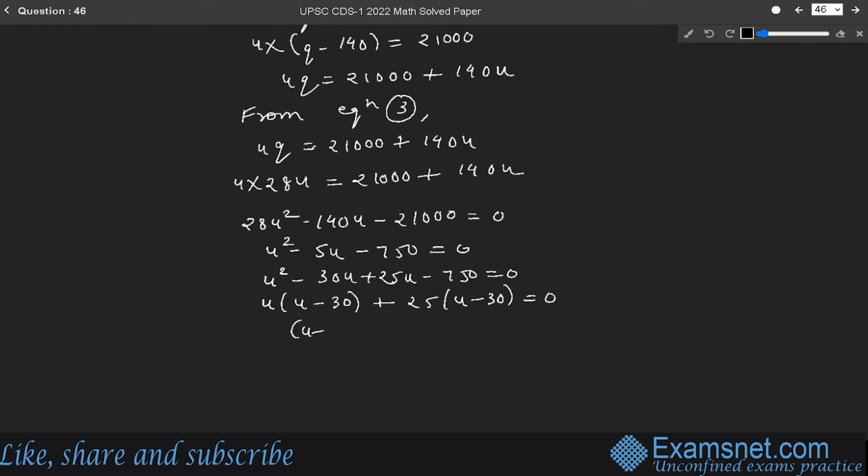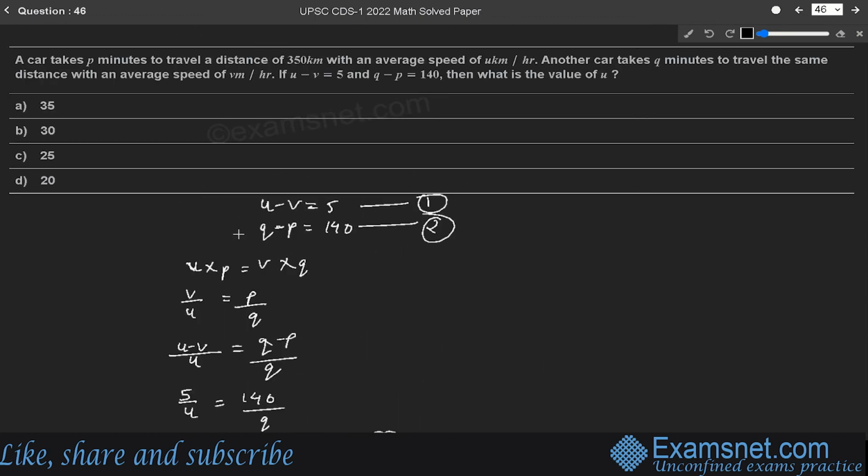So the factors here are u minus 30 and u plus 25 is equal to 0. So the value of u will be 30 and also minus 25. But we know that u cannot be negative, so we take the positive value, which is 30. So the correct option is 30, therefore option B is the correct option for the given question.